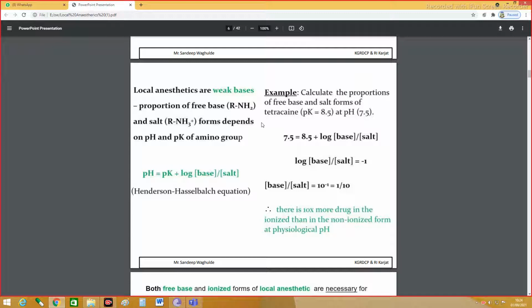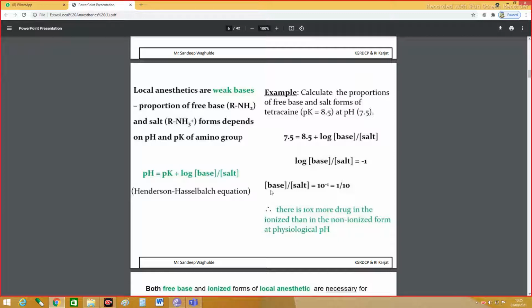An example is given here. Calculate the proportions of free base and salt form of tetracaine. Tetracaine pK is 8.5 at pH 7.5. As per the formula, we calculate the proportion of free base and salt form. Therefore, the base to salt ratio will be 1:10.